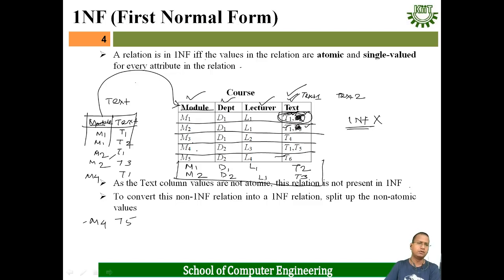In this way, we make entries in this text table. In the course table, module is the primary key, and in the text table, module is the foreign key referring to the course table. But who is the primary key in the text table? Both combined, module and text, become the primary key for this text table.